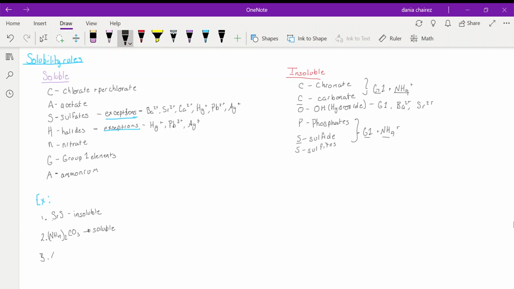Let's do silver chloride. Chloride is a halide, so that's soluble, but with its exceptions, mercury, lead, or silver, this has silver, so it's insoluble. And then one final one, let's do calcium phosphate.